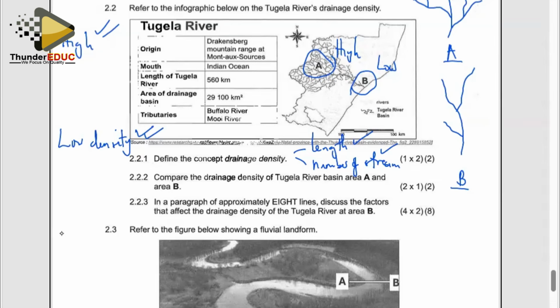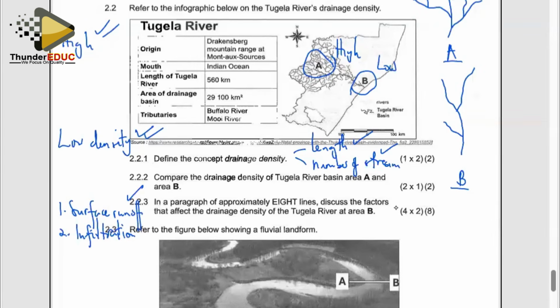Right. What you need to look at here, the factors that result in development of streams, they are mainly two factors there. Right. One, the amount of surface runoff, and number two, the level of infiltration. These two, you need to look at it from the dimension of factors that promote surface runoff. If there is more surface runoff, more streams are going to develop.